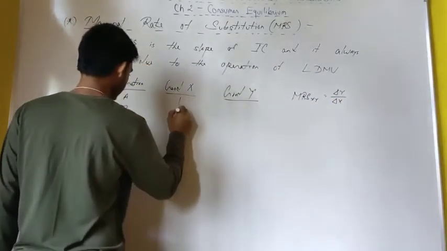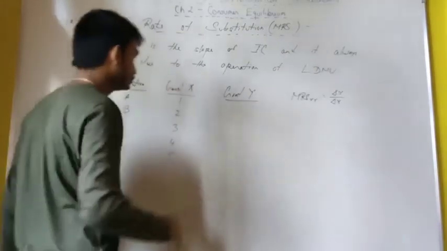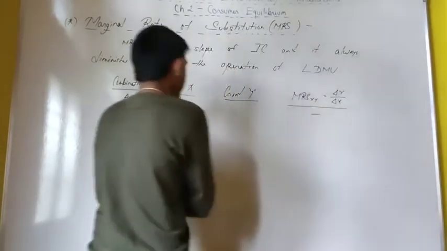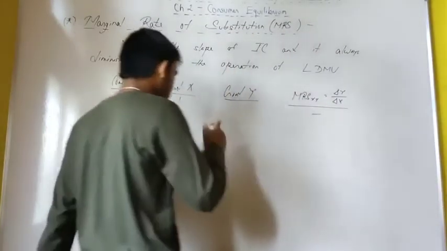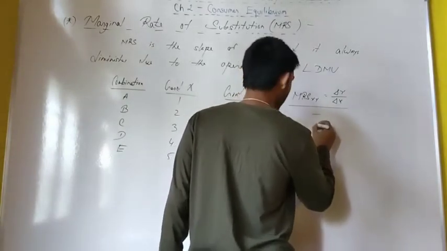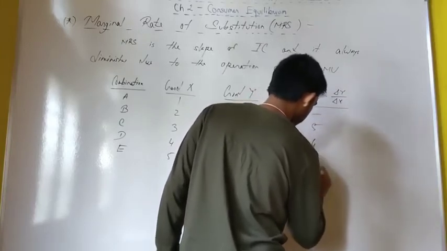Good X is 1, 2, 3, 4, 5. Now please do not fill up the good Y column yet. We know that MRS diminishes, so let us diminish it like 5, 4, 3, 2.